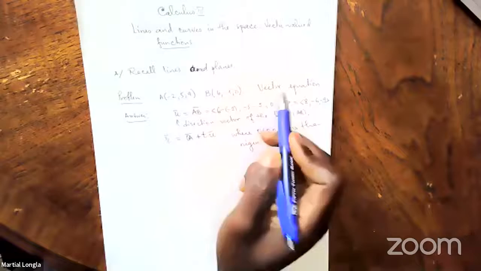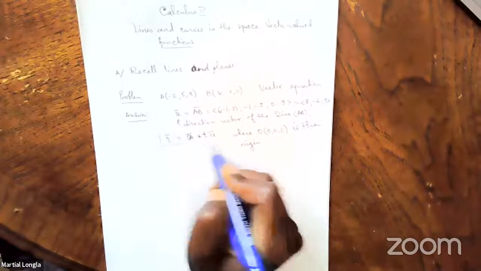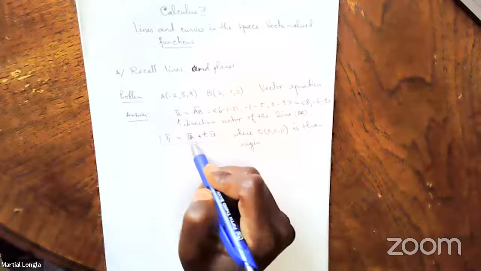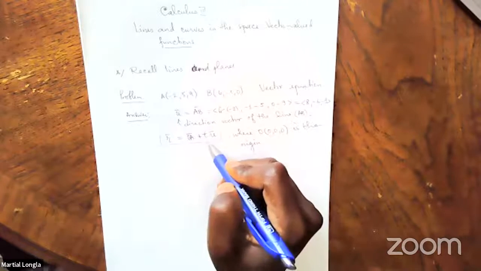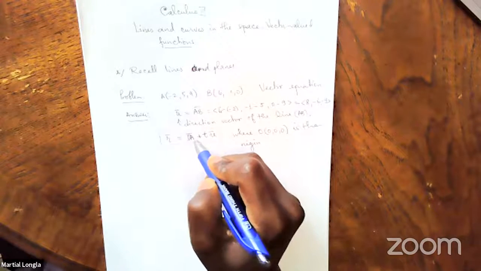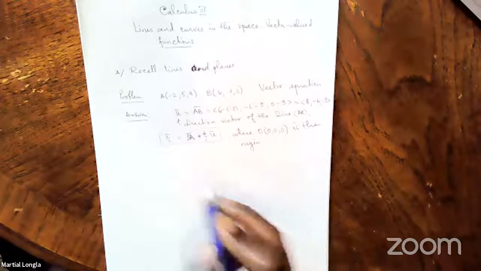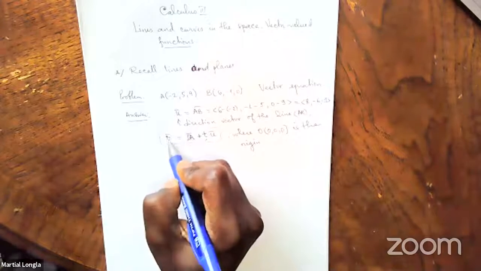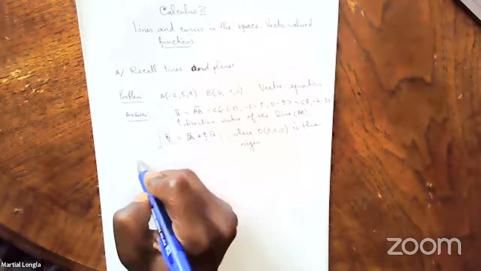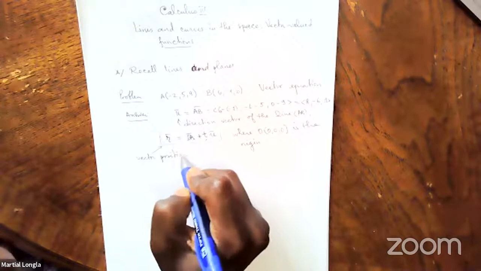So when you ask to find the vector equation of a line, this is what is expected from you, to write R of t as OA. Make sure when t equals 0, you are at the point A. That's why we go OA plus t u, because when t equals 0, we are at the point A. And the vector R is called the position vector. It's called the position vector that points from the origin to the current point.